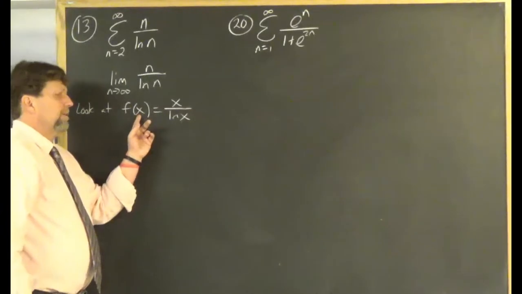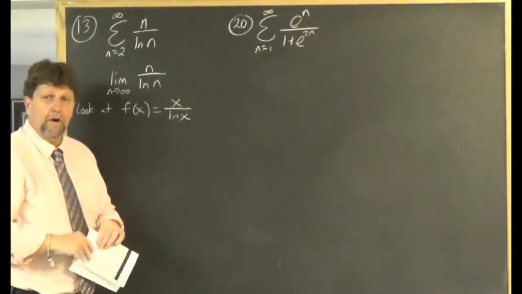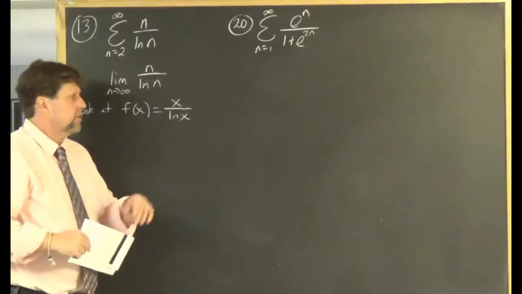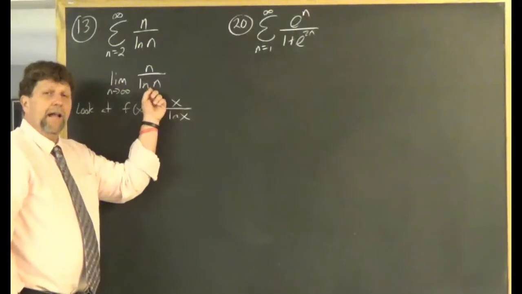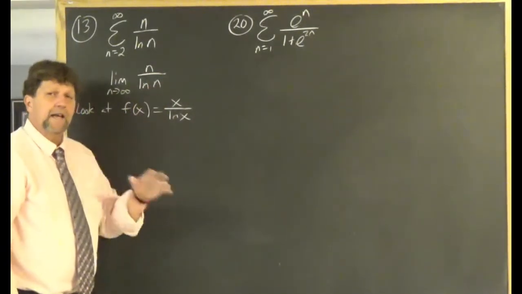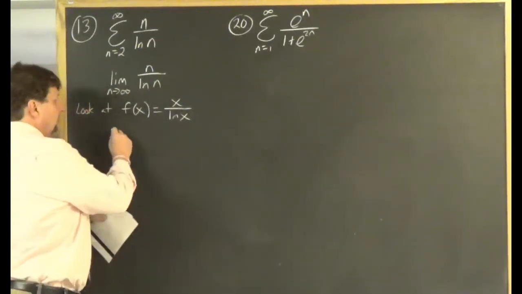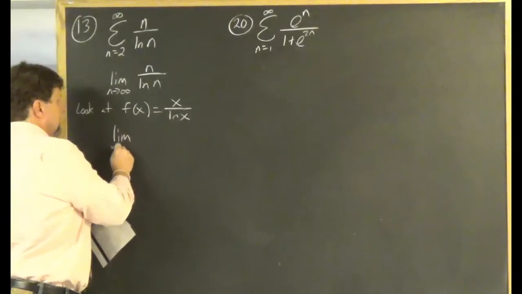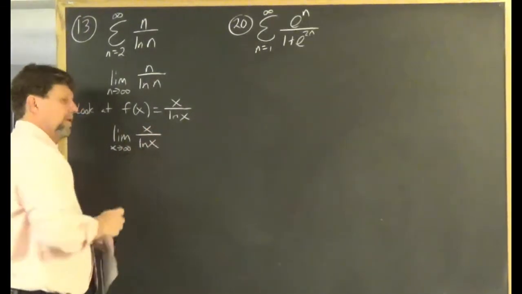I know this function of the reals and this function of the positive integers are identical for all the positive integers. So whatever the behavior of this function is, the function of the positive integers has the exact same behavior. It's along for the ride. So I can quickly get the limit as x goes to infinity of x over the natural log x.